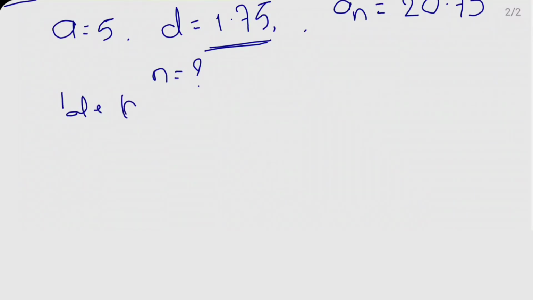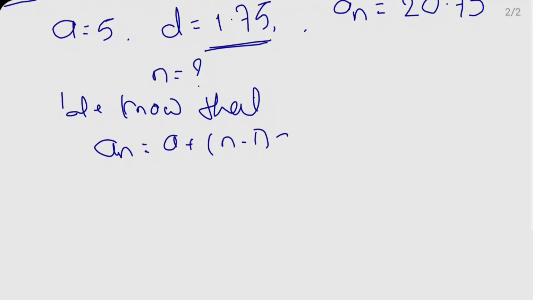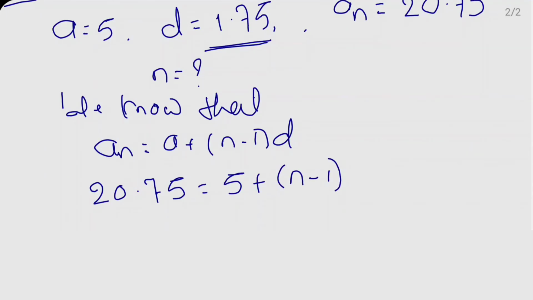So now here we know that an equal to a plus n minus 1 into d. So here an is 20.75 and this equals a is 5 plus n minus 1 into d. D is 1.75. Is it clear?